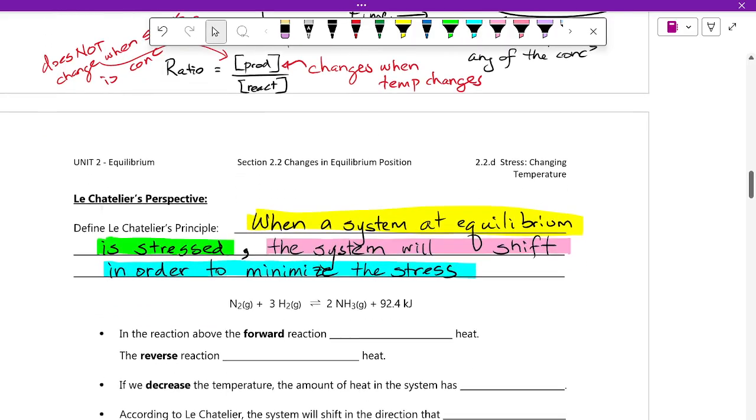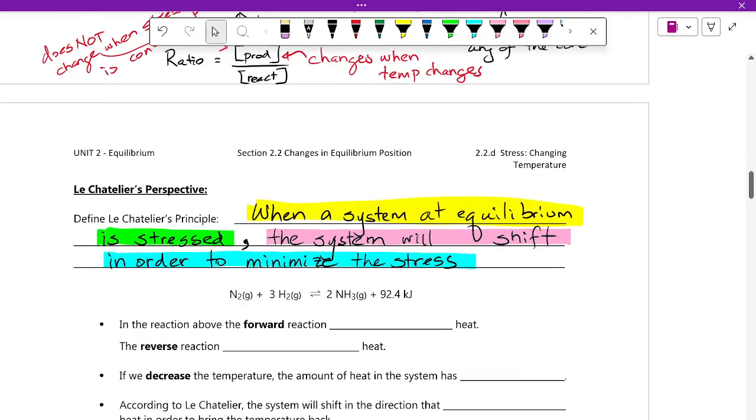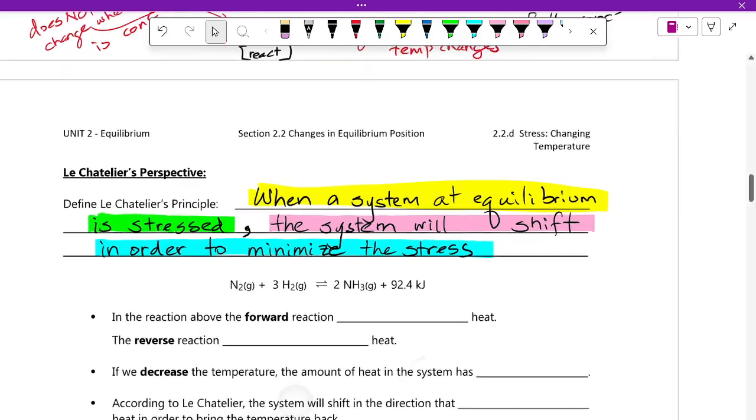Okay, so there's really 4 parts to that. When a system at equilibrium, what's happening to it? It is stressed, then the system will shift. Why? In order to minimize the stress.